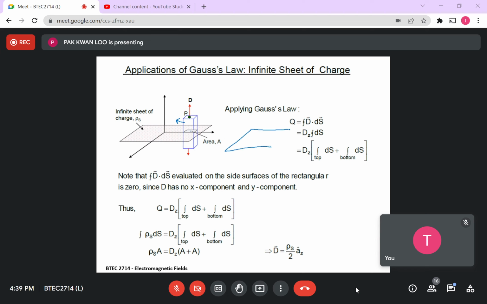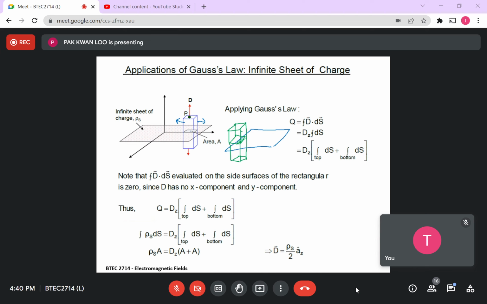I will draw this here just to demonstrate. If you move this Gaussian surface towards the right, towards the edge, regardless of which edge, at some point, if you stand on this Gaussian surface, you can see that the charge distribution covered by the Gaussian surface is not symmetrical anymore.